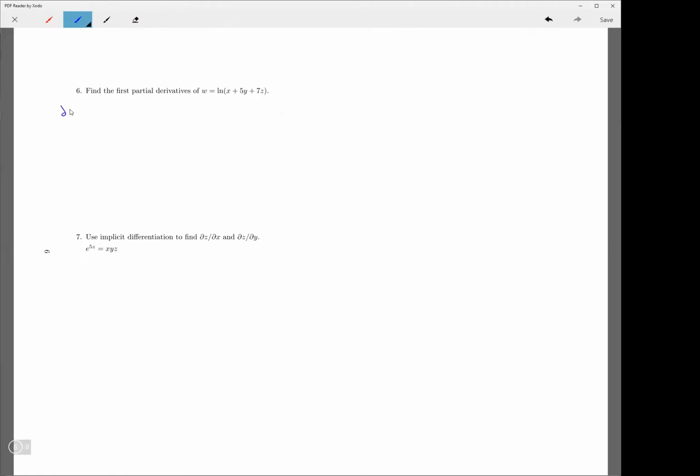So the partial wx, we write that as partial of w with respect to x. And then you also have partial of w with respect to y and partial of w with respect to z. So we'll have to just find those 3 answers that we're going to put in.